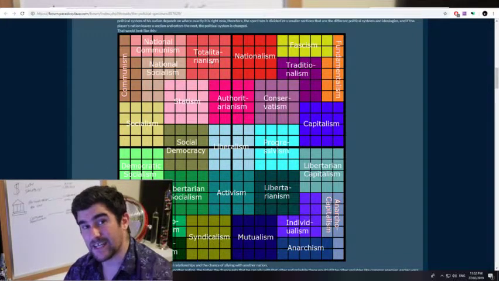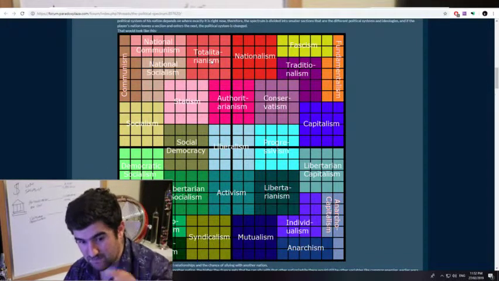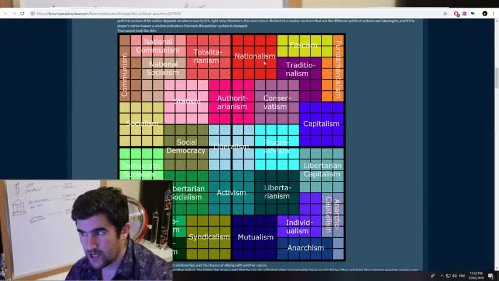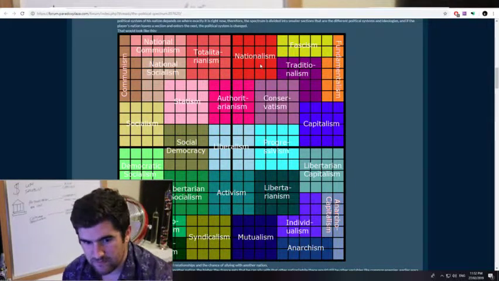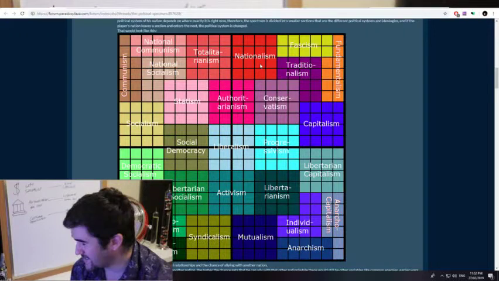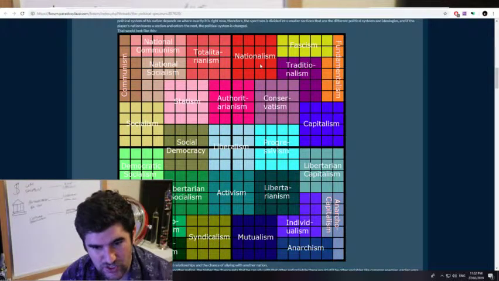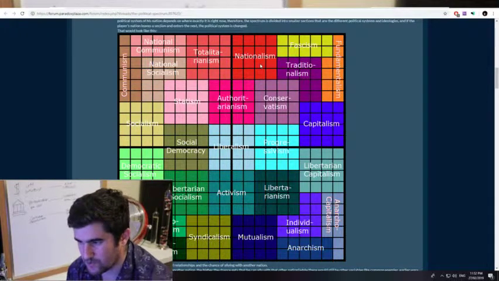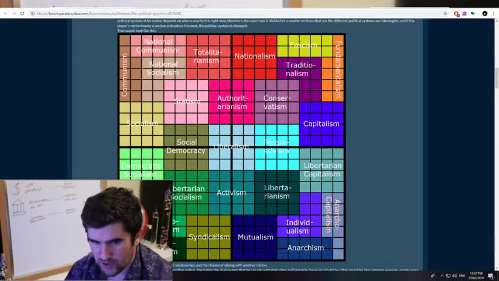Now, totalitarianism, yes, that's strictly authoritarian, but nationalism, not necessarily. Nationalism is a fourth axis, because you can add nationalism to a lot of these other things.